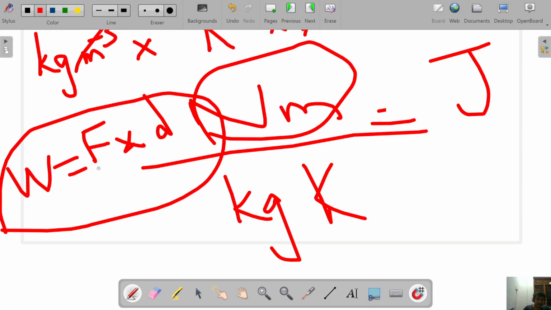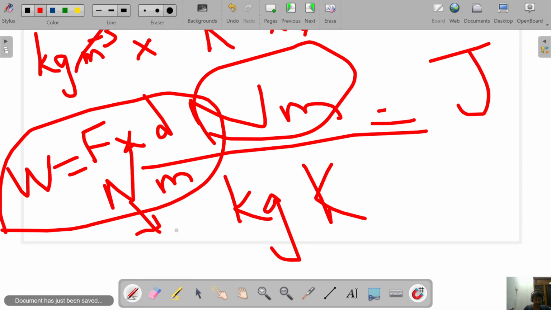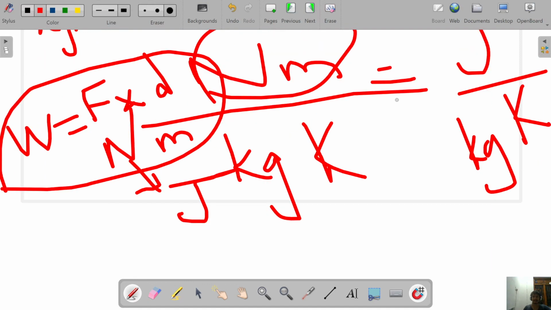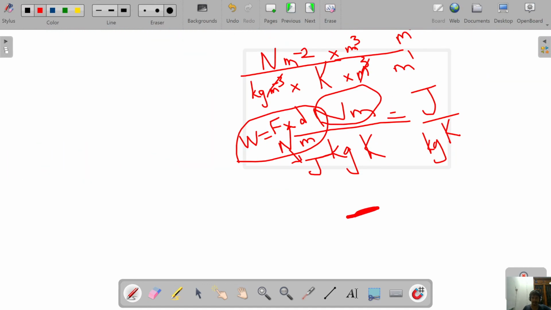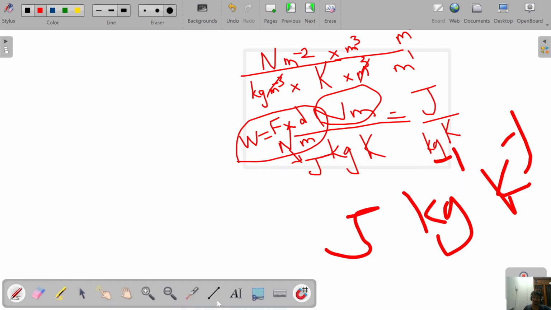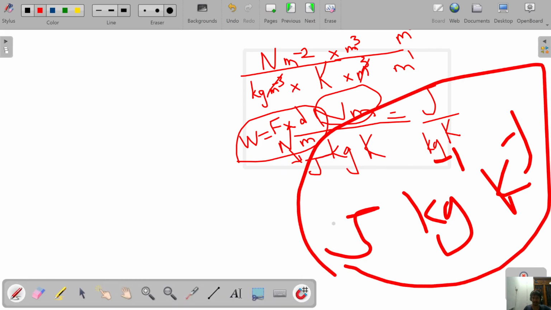F is Newton and D is meter, so Newton meter is the unit of work done, which is joule. Therefore, joule divided by kilogram Kelvin is joule kilogram minus 1 Kelvin minus 1, which we found in the final answer.